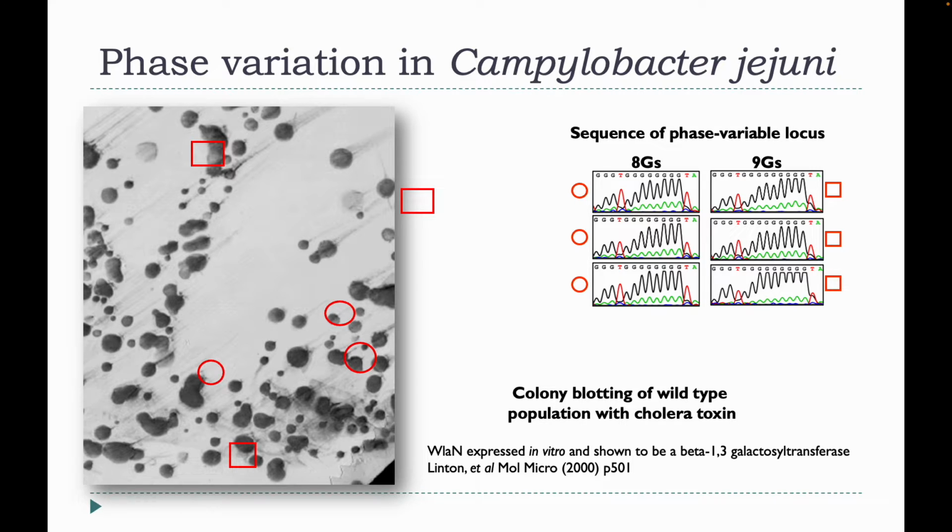So you can see that there are some colonies there that light up with cholera toxin. When cholera toxin is applied, it's actually binding to some of the surface moiety here, and you can see that there are some colonies that are nice and black, and there are some colonies that are just greyed out because it's not binding.